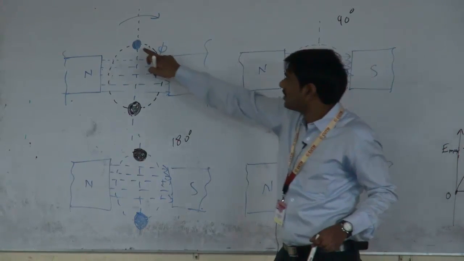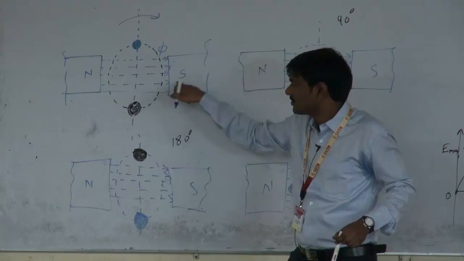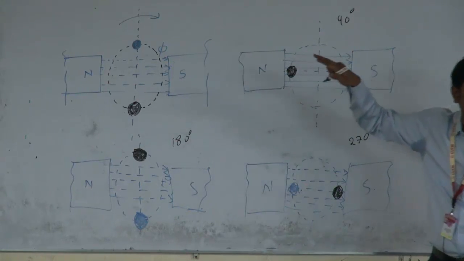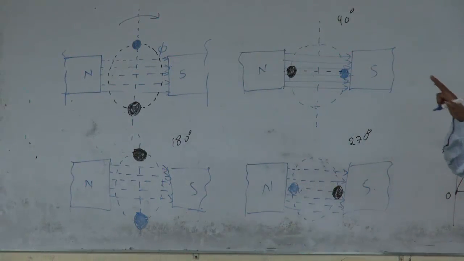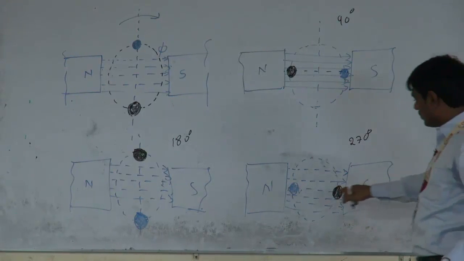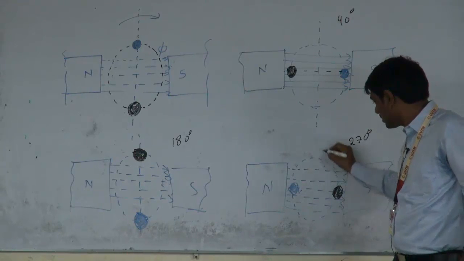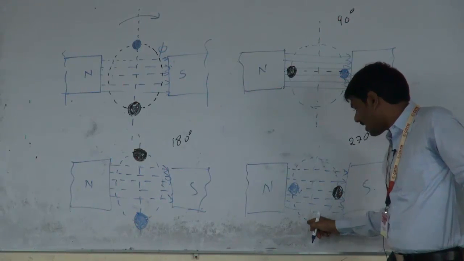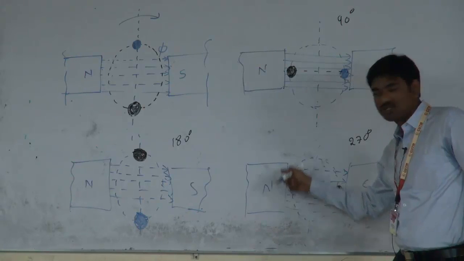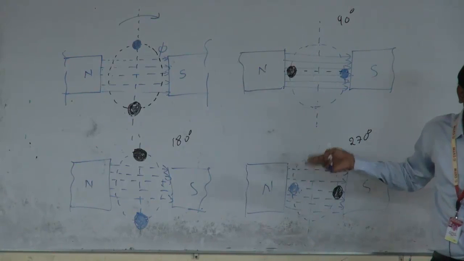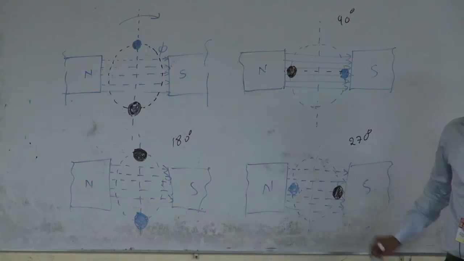This conductor, earlier under south pole influence, was cutting the magnetic field from upwards to downwards. Now the conductor will cut the magnetic field from downwards to upwards. So here also the direction of induced EMF has changed.